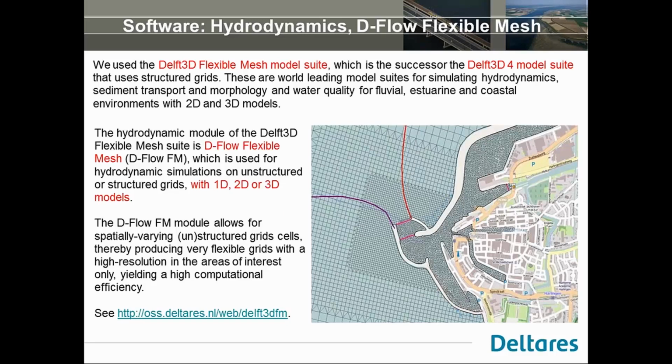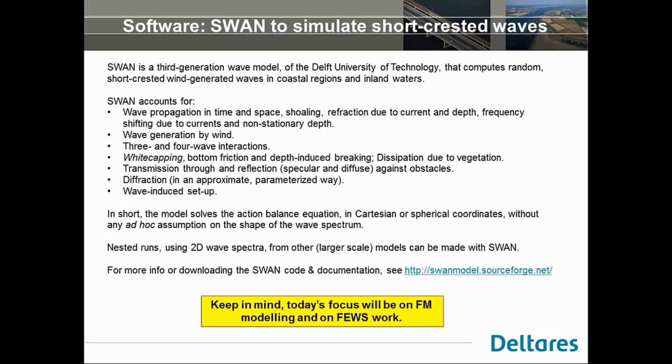This model is capable of 1D, 2D, and 3D simulations, and with spatially varying resolution it allows you to optimize for high resolution while still obtaining reasonable runtimes. You also have the link there for the Deltares open source software website if you want more information.